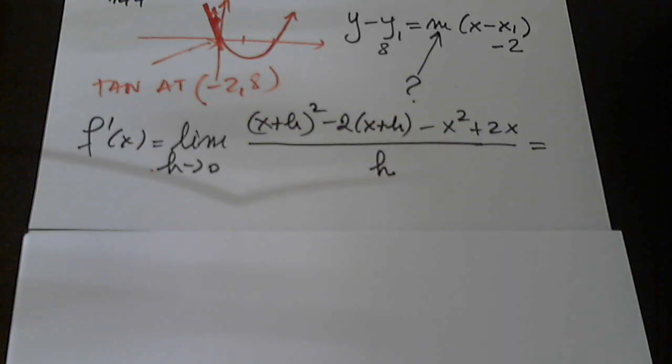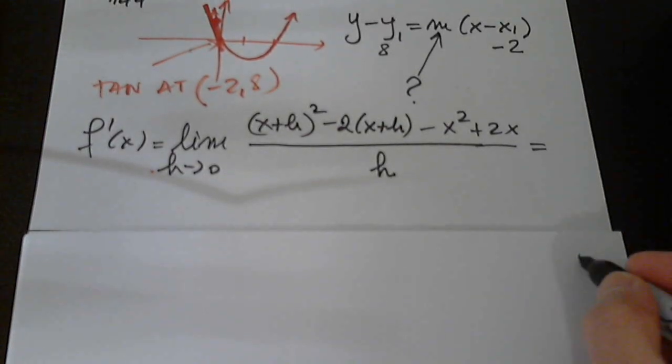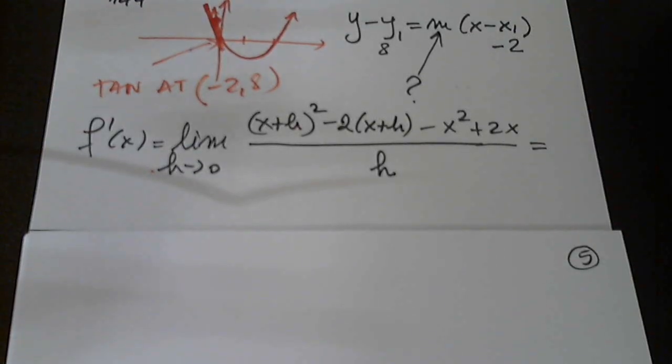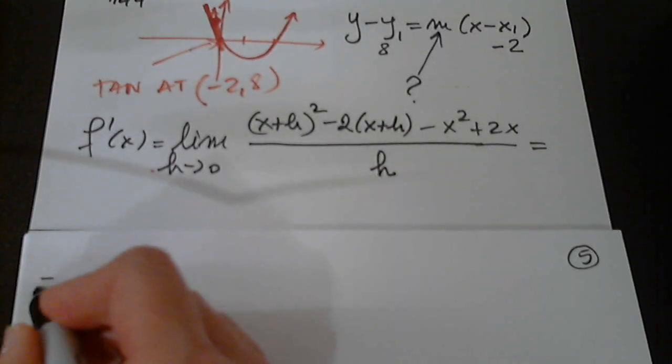When we calculated and simplified it, two things happened. Anyone? All the x's have to cancel out. No. Remember, terms without h. Terms without h have to cancel. That's the first one. Awesome.